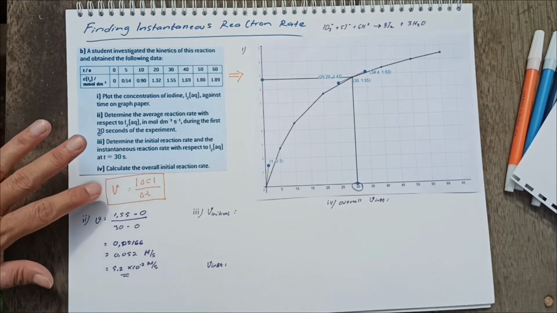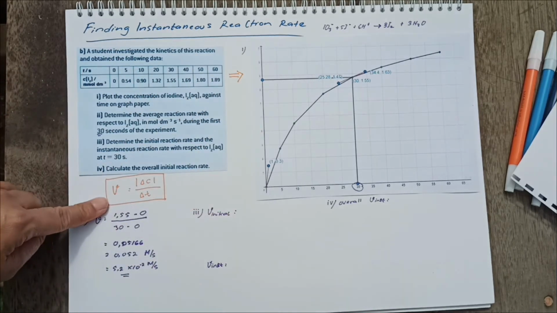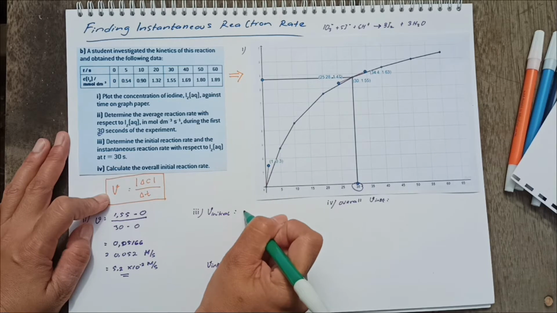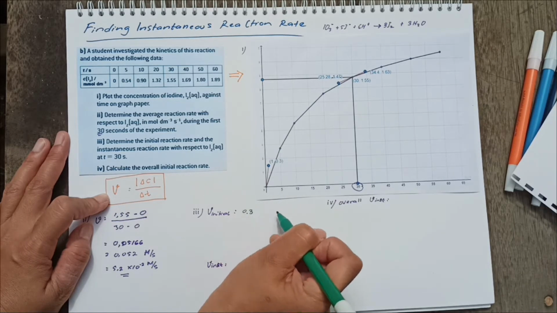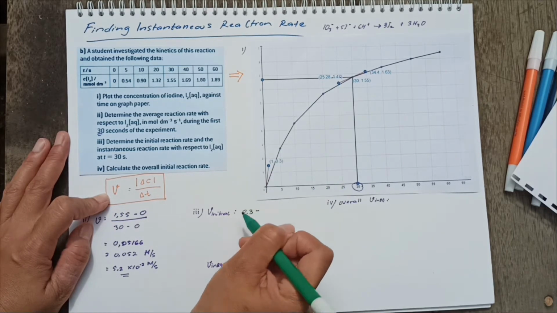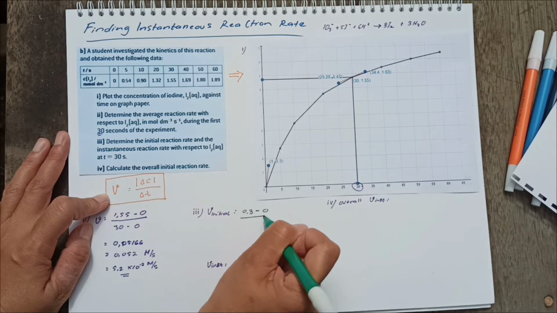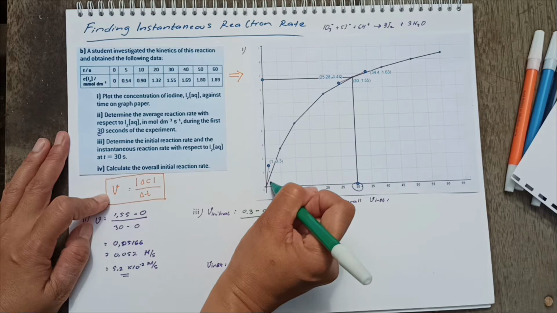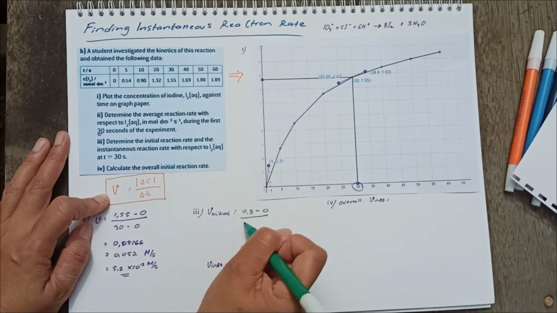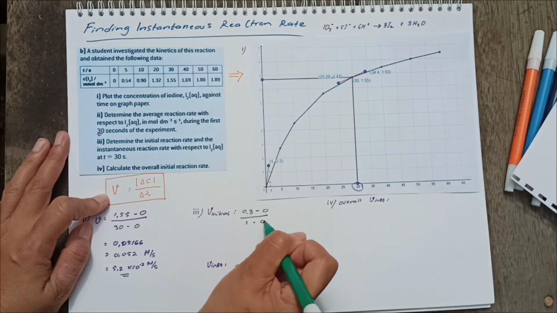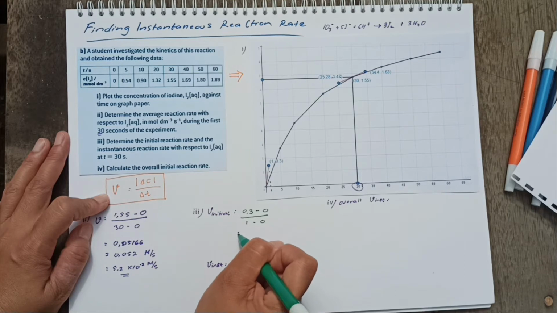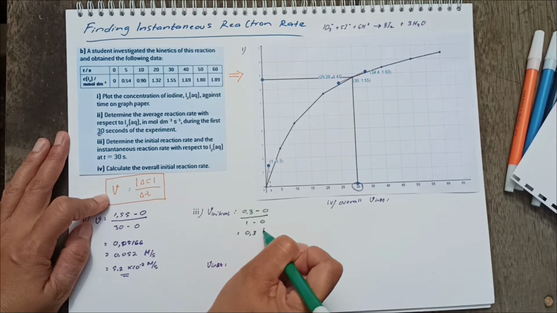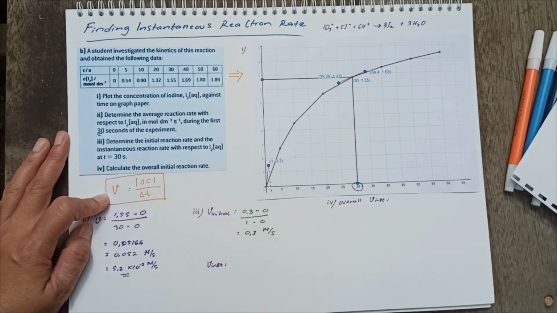Again, it's the same, after minus before. So the after here is 0.3 minus 0 per 1, and this one goes here as in 1 minus 0. So the initial rate will be 0.3 molarity per second.